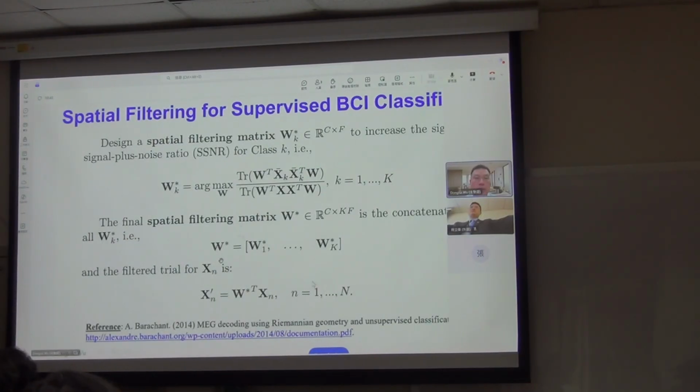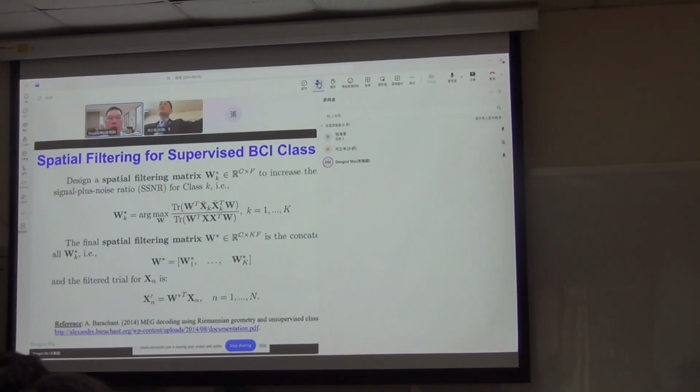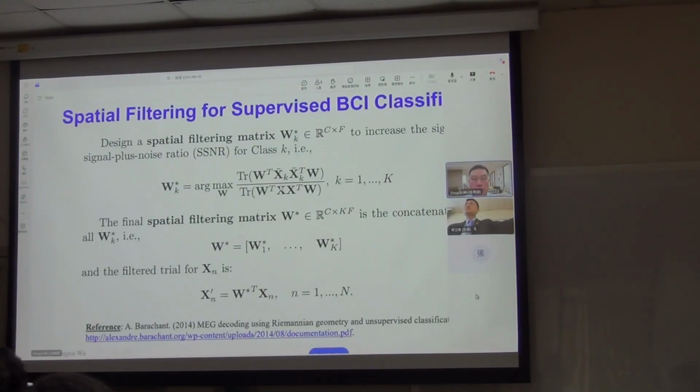So this spatial filtering matrix W is solved from this optimization problem. This tr is the trace of the matrix. This X bar k is the mean EEG trial of the k-th class. And in the denominator, this X bar is the mean EEG trial of all EEG trials, including the current class and all other classes.